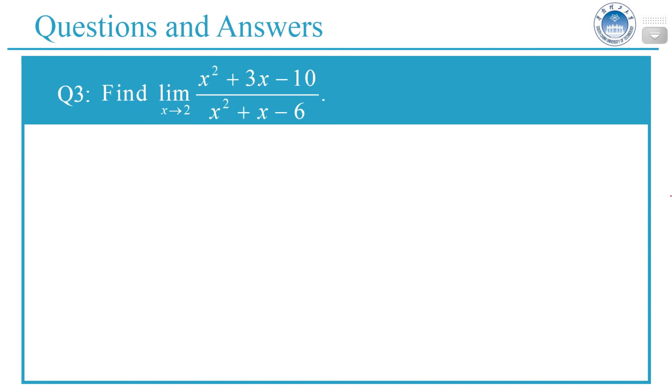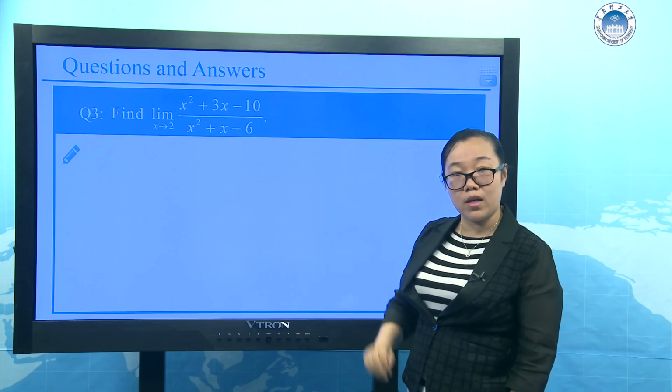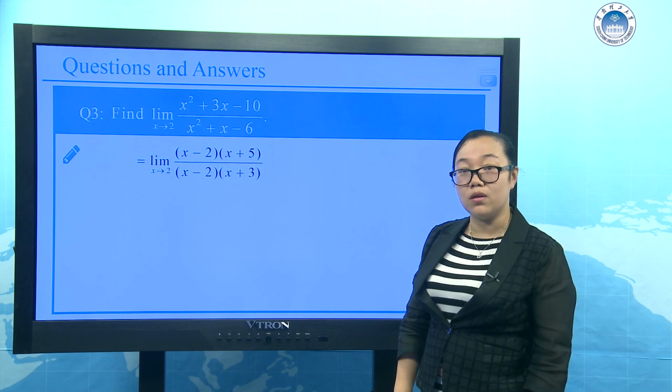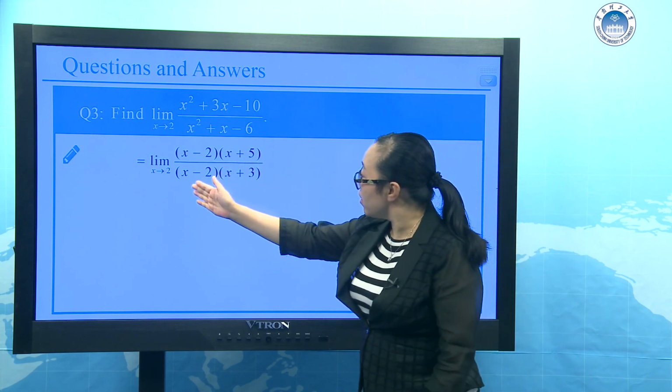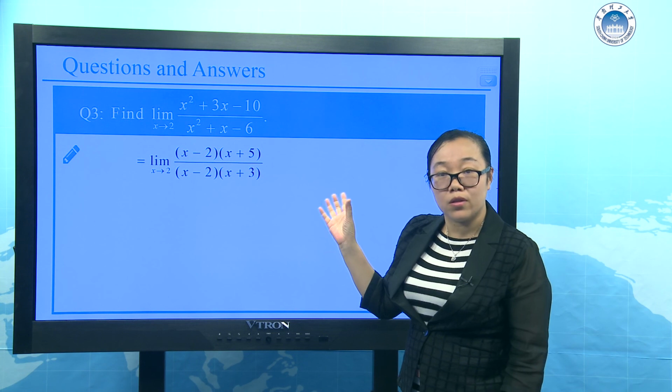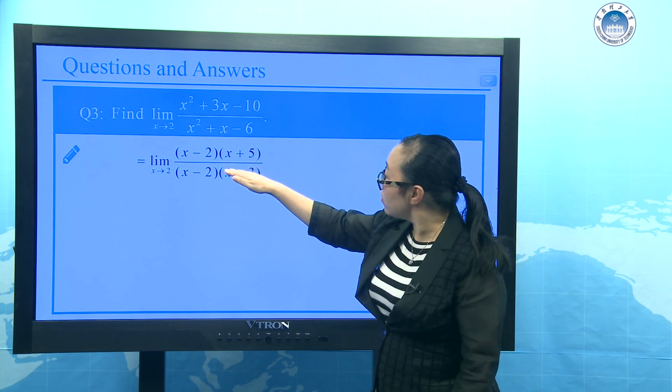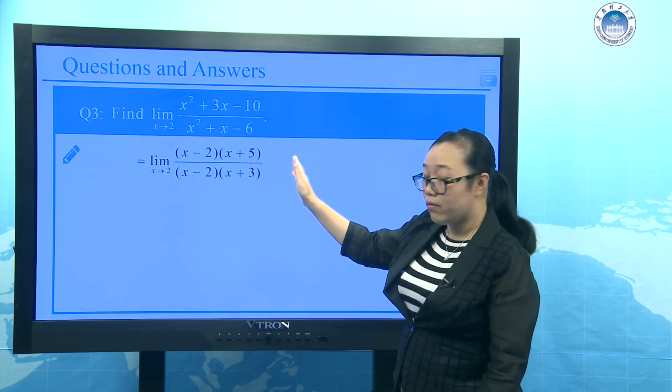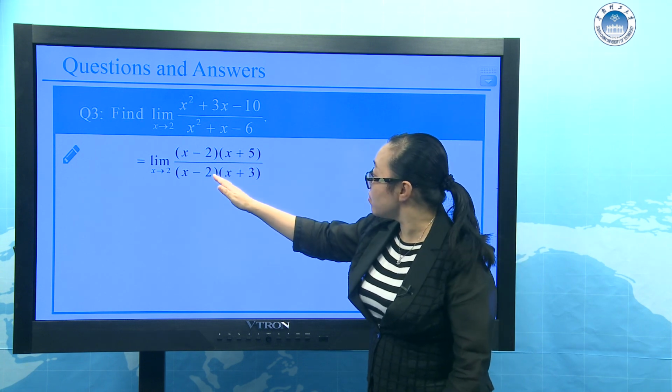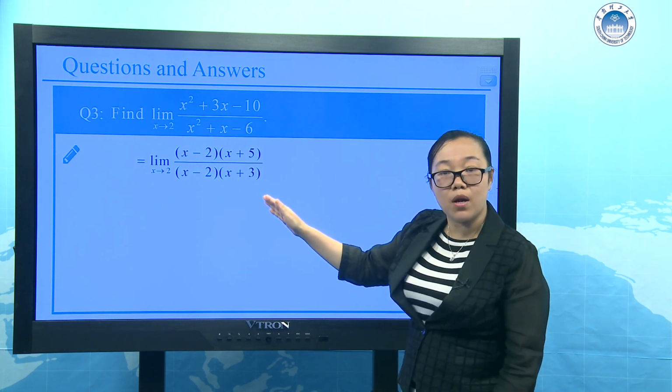So now look at question 3. Try to find the limit, a new expression, f(x) over g(x). How to do? We will check. Yes, it equals the limit as x tends to 2, factoring: x minus 2 times x plus 5 over x minus 2 times x plus 3.